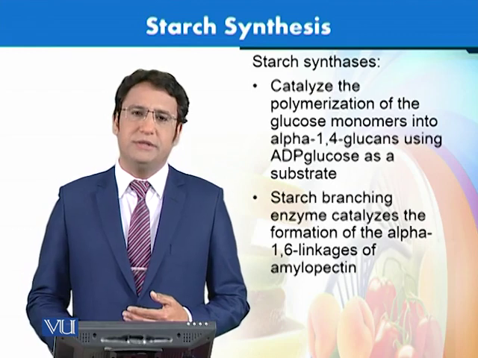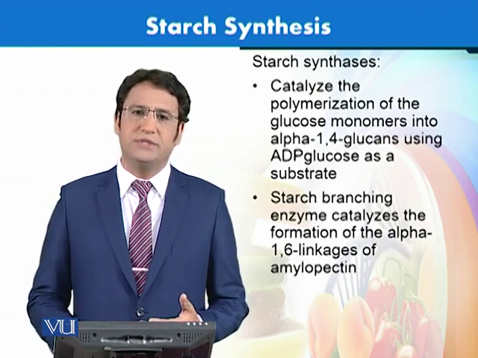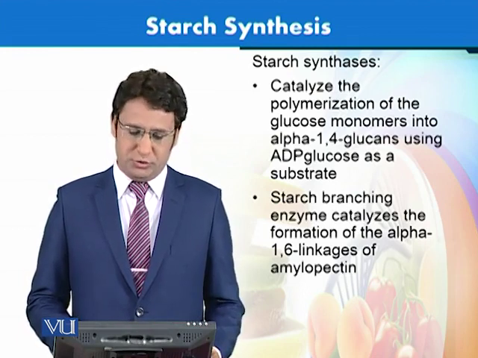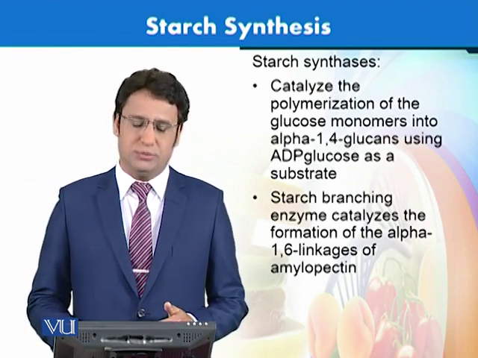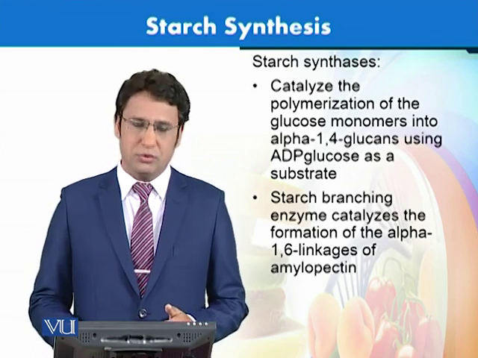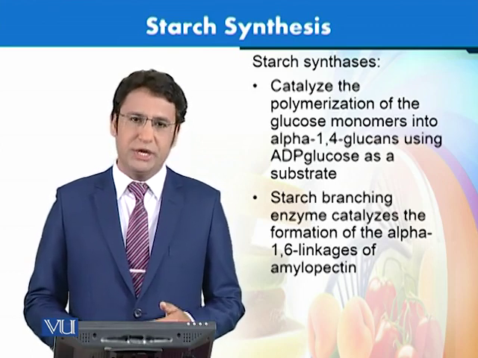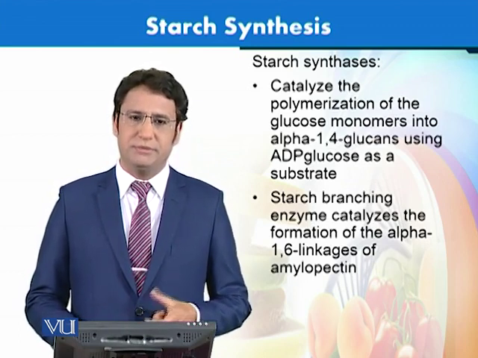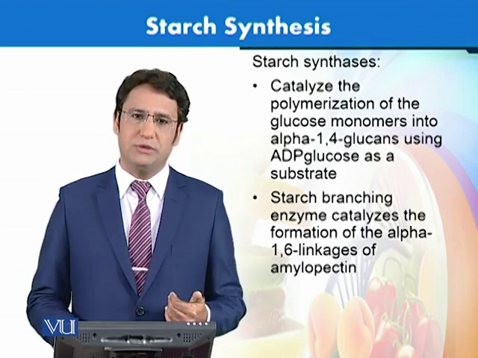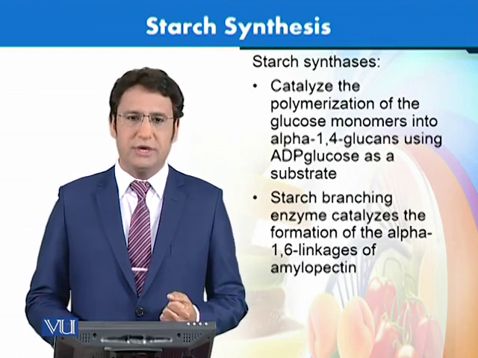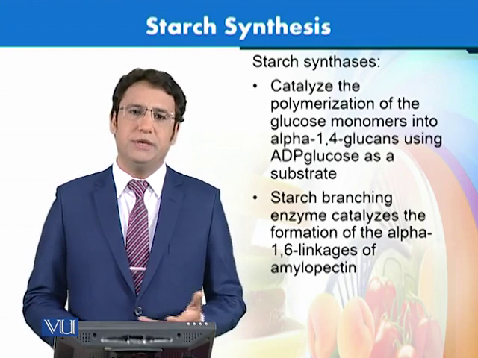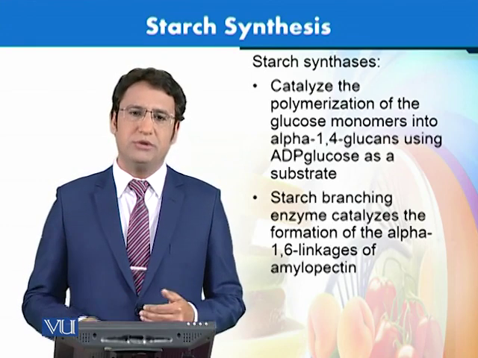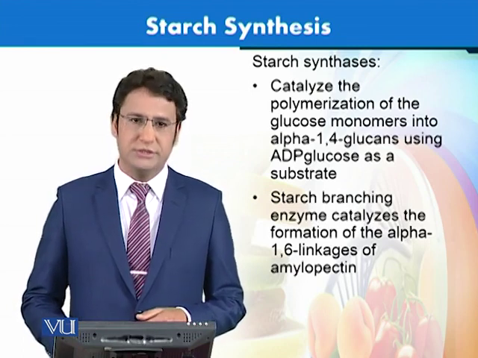Then the other enzymes, as we said, the starch synthases, have their own role. They catalyze the polymerization of glucose monomers into alpha-1,4 glucans, using ADP glucose as a substrate. Basically they join these glucose molecules through 1,4 linkages, as we saw in the initial lectures on the chemistry of starches.